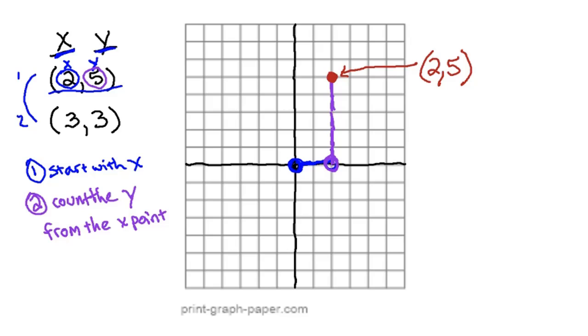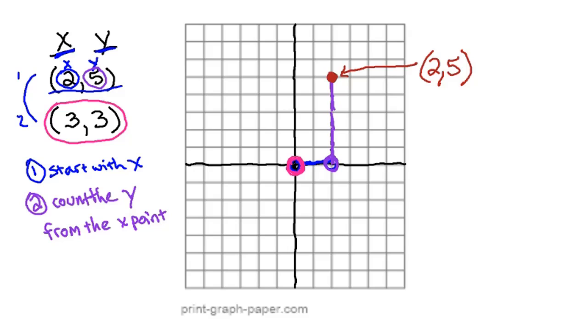Now let's go on to the next set of ordered pairs. The next set of ordered pairs is 3 and 3. So now every single time you go to the next set of ordered pairs, you return to that middle 0.